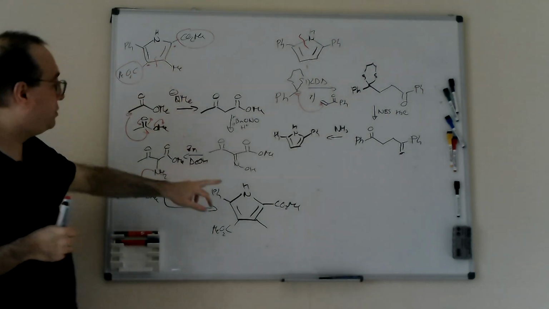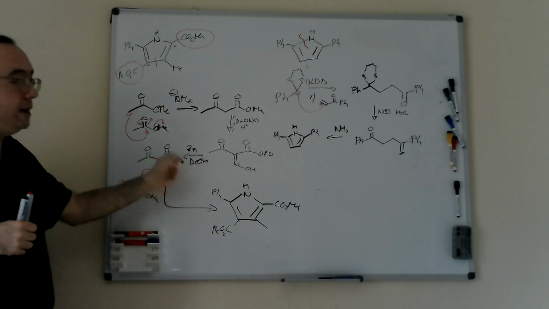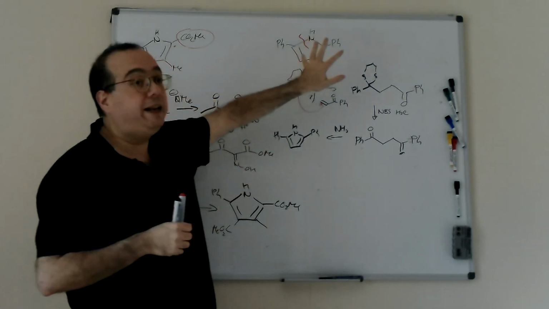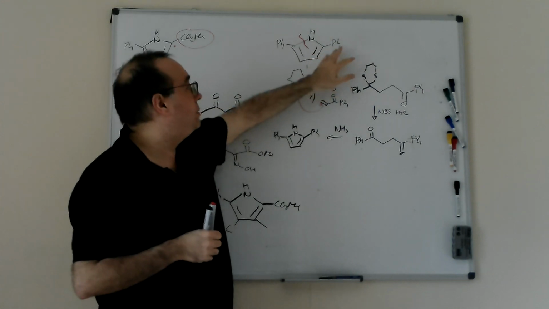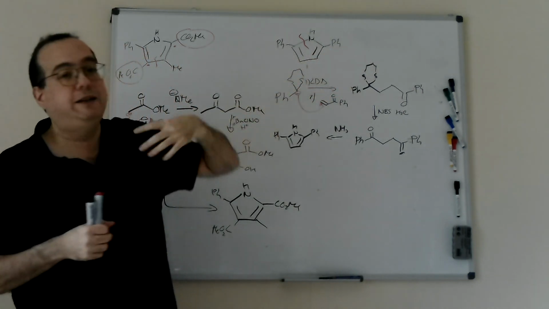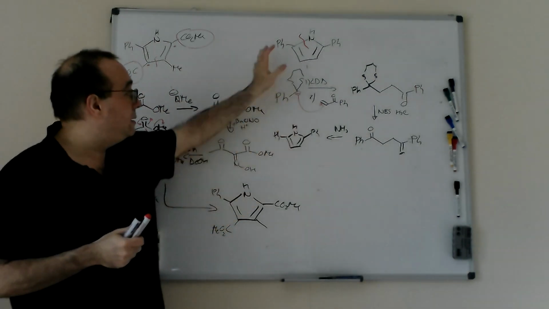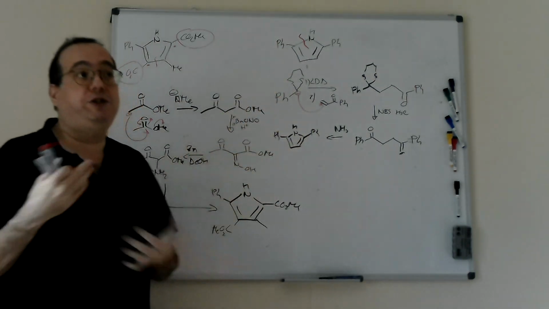Then what we need to do is to add an amine in the middle and do the reaction. While when we don't have any electron withdrawing group, especially in positions 2 and 4, this will come from a 1,4 dicarbonyl compound that we need to synthesize using umpolung.